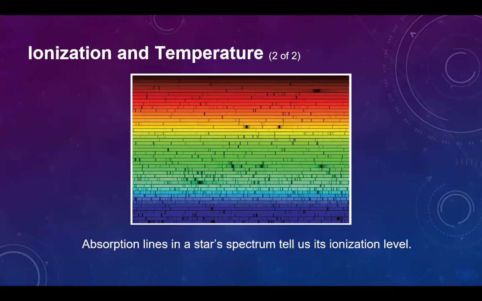And we can figure out the level of ionization because an ion will have a different absorption spectrum than the neutral atom. So we can determine the amount of ionization by looking at the absorption lines in a star's spectrum. And by comparing those absorption lines, we can divide stars into categories of temperature.